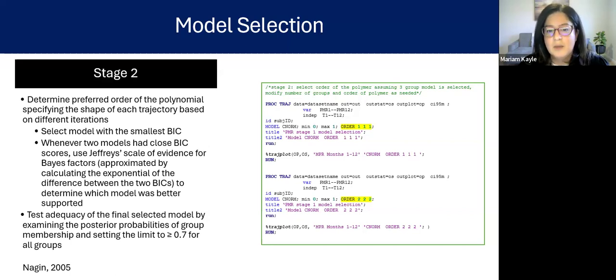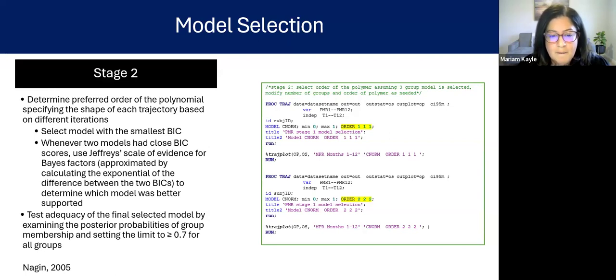And then again, apply BIC to select the model that best fits the criteria. The model with the smallest BIC is the one that is selected. When two models show very close BIC, Jeffreys' scale of evidence can be used, which is the exponential between the two BICs, to determine which one has better support for the data.